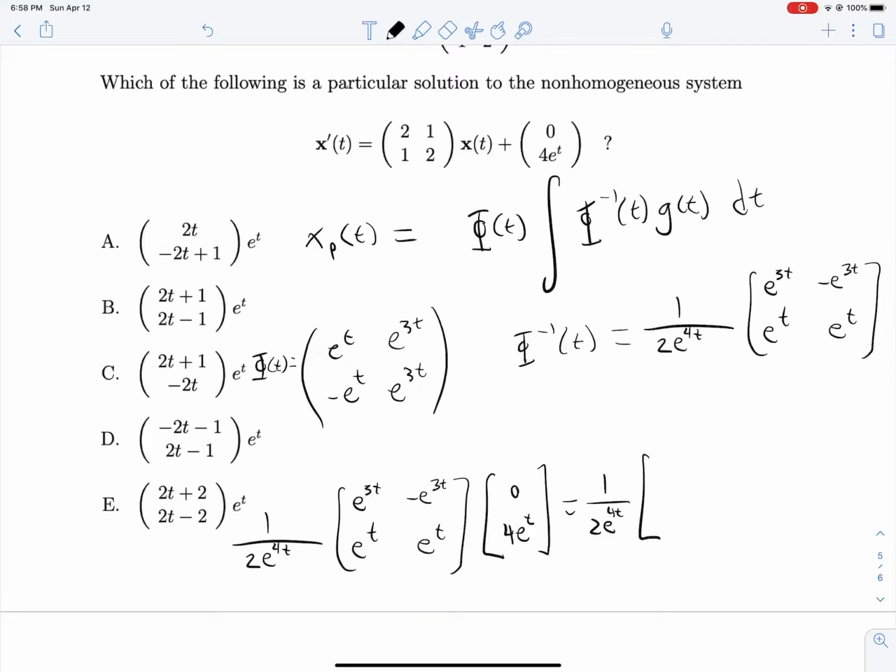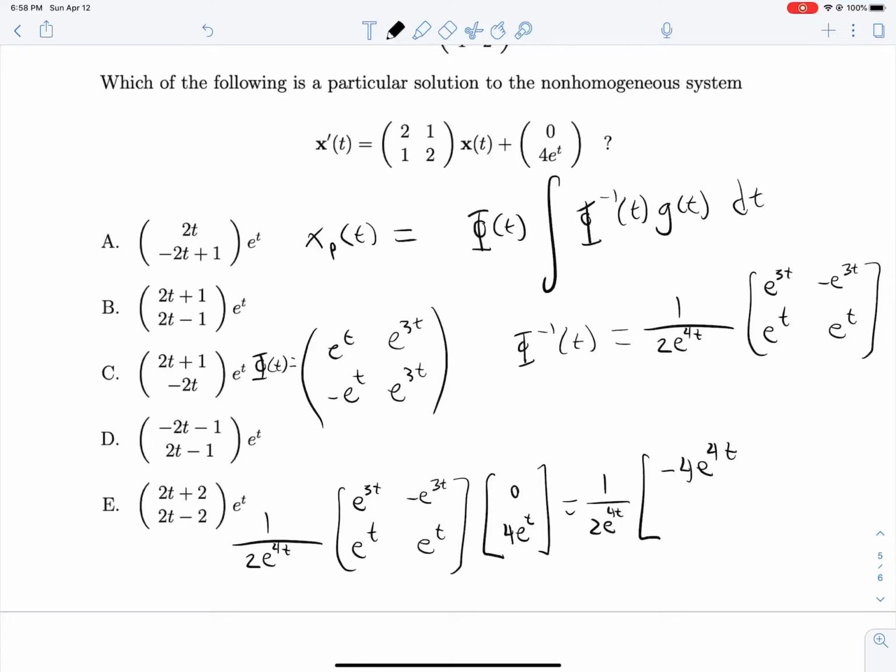Our first entry will be multiplying the first row with the first column, adding the products of those, and we get negative 4 e to the 4t.